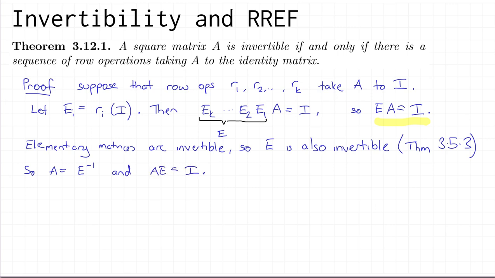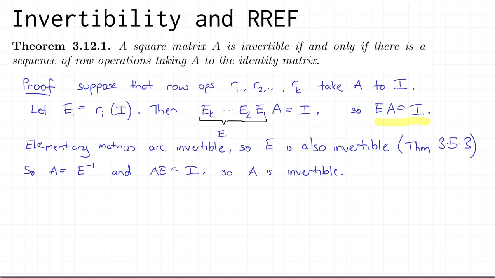All right, so that's just a cheap trick for showing that a matrix is invertible. It shows that if you want to show a square matrix is invertible, you actually only need to find a left inverse, because then it's automatic that that left inverse is also a right inverse by what we did here. Okay, so A is invertible, since we have now found a two-sided inverse for it.